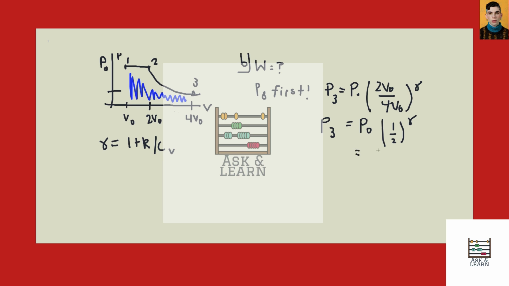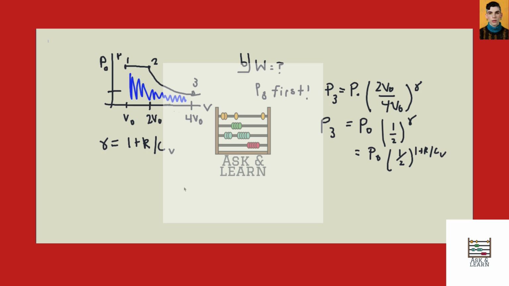And so then I'll go ahead and write that explicitly. So you have your 1/2 to the 1 plus R divided by CV. Okay. And now I did that little calculation. I think that's the only calculation.